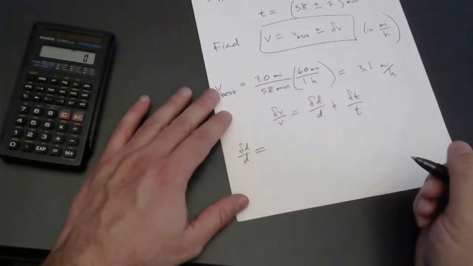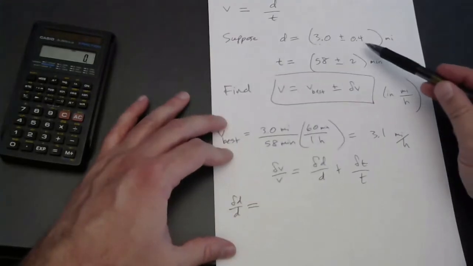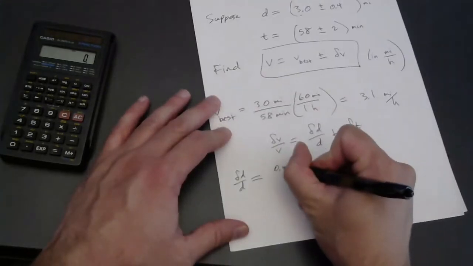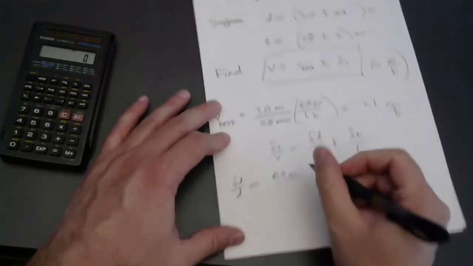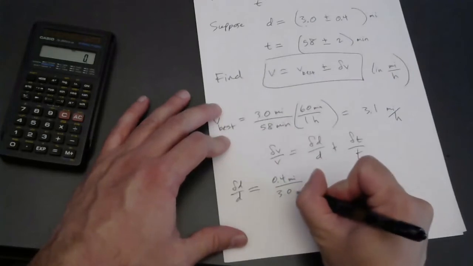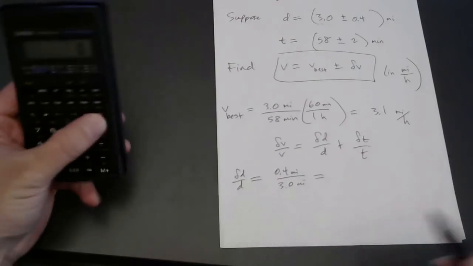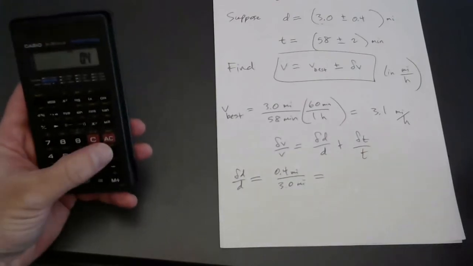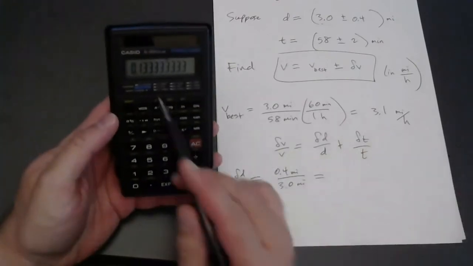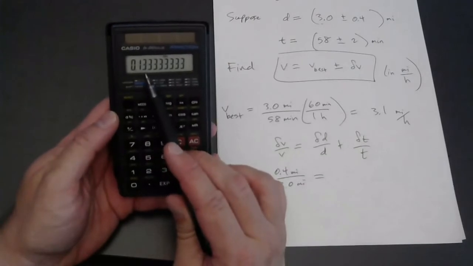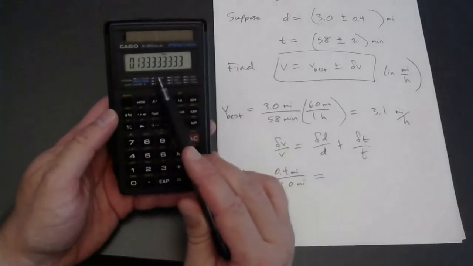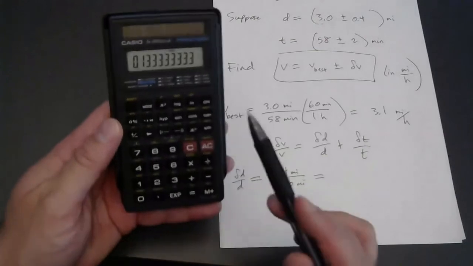All right, so delta d over d. The relative uncertainty in the distance would be that 0.4 miles compared to 3 miles. And again, you see that the units cancel. Relative uncertainties are dimensionless. 0.4 divided by 3. Now I could write down 0.13. No need to keep all these threes. But I think that I'll go ahead and turn that into a percentage right now.